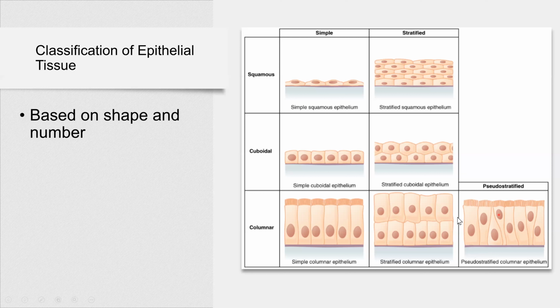So this nucleus is on the top, this nucleus on the bottom, and it looks like we have 2 layers of cells, but every single cell touches the basement membrane. Over here, look, in this second layer the cells do not touch the basement membrane, but here every cell touches the basement membrane. That's why we call it pseudostratified columnar, right? Okay.